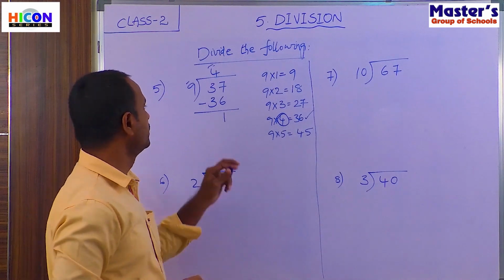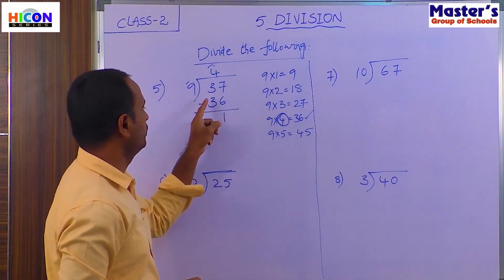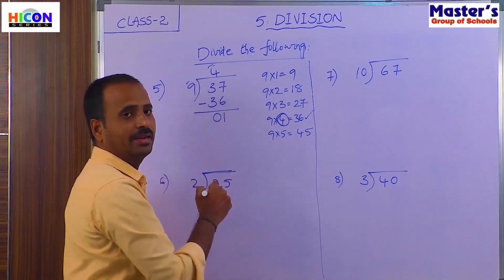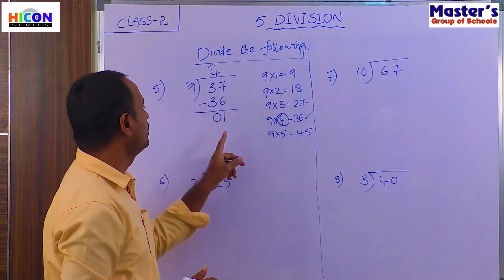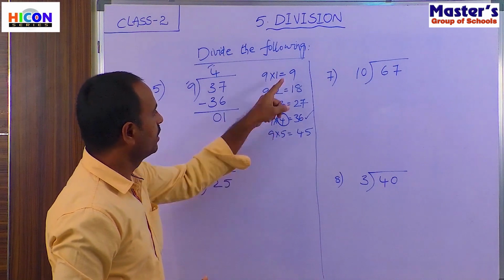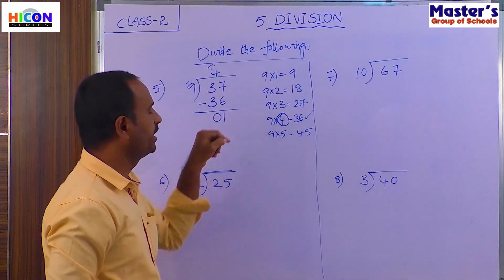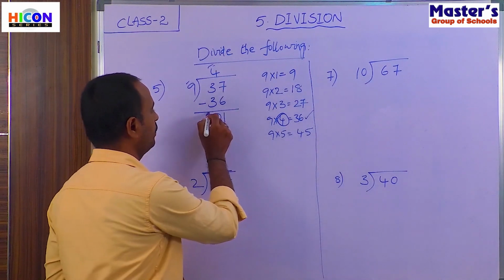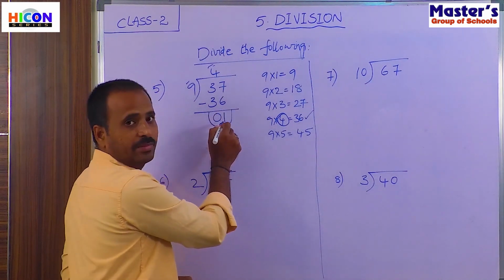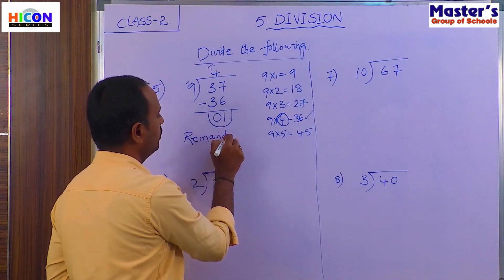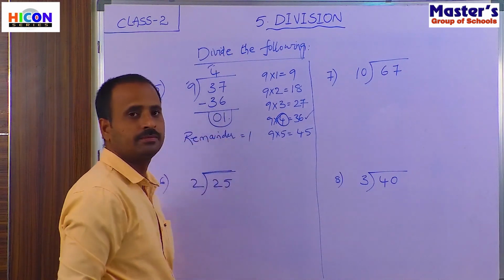And now subtract the digits in the tens place. That is 3 minus 3, 0. What is the remainder here? 1 is the remainder, and we did not get 1 in the 9th table. And there are no more digits in the dividend to bring down. So now we have to complete the division here. What is the remainder here? 1 is the remainder. So remainder is equal to 1.